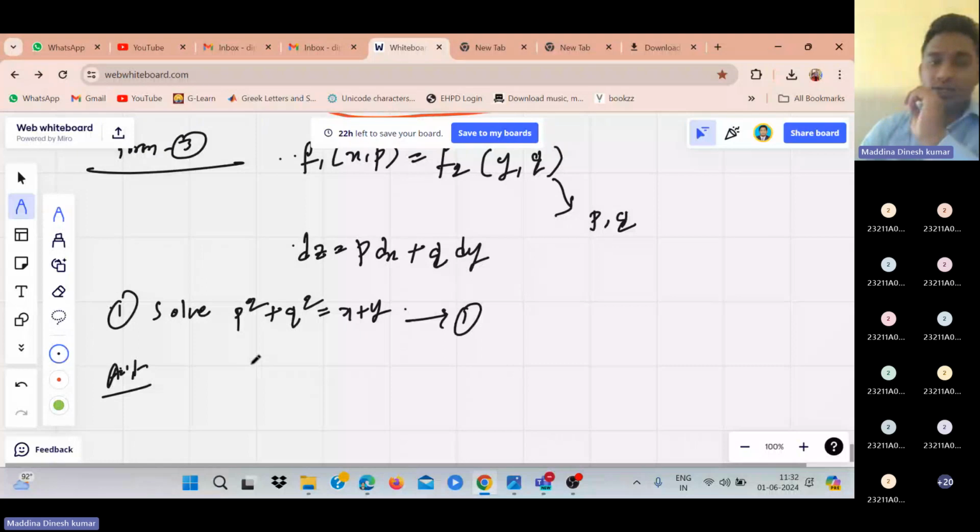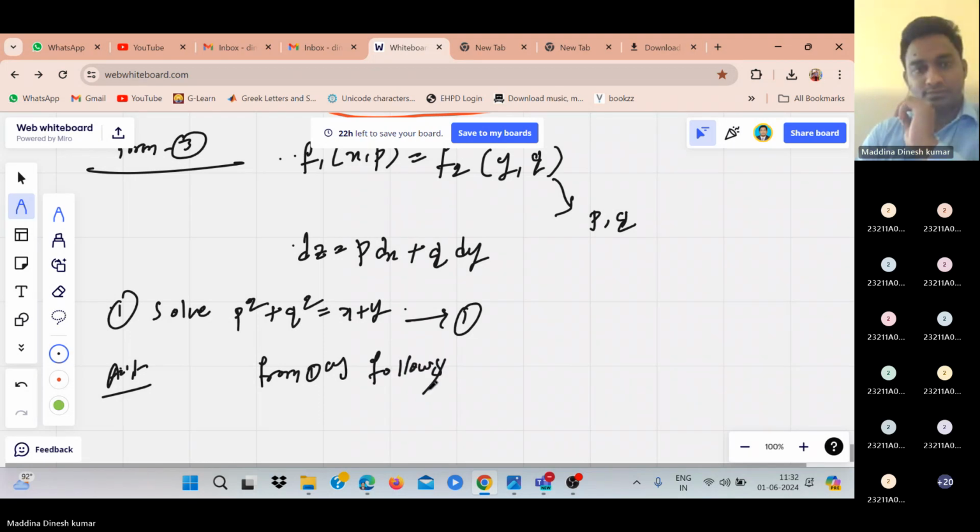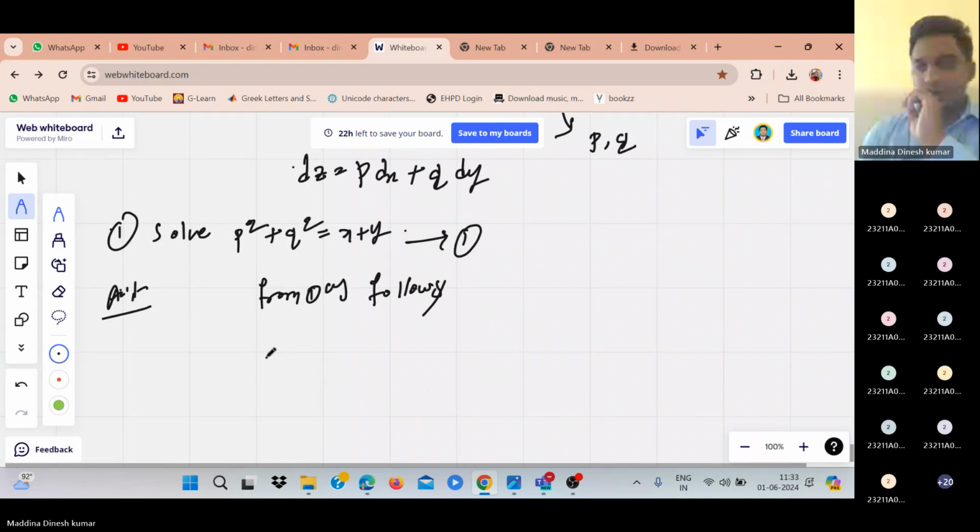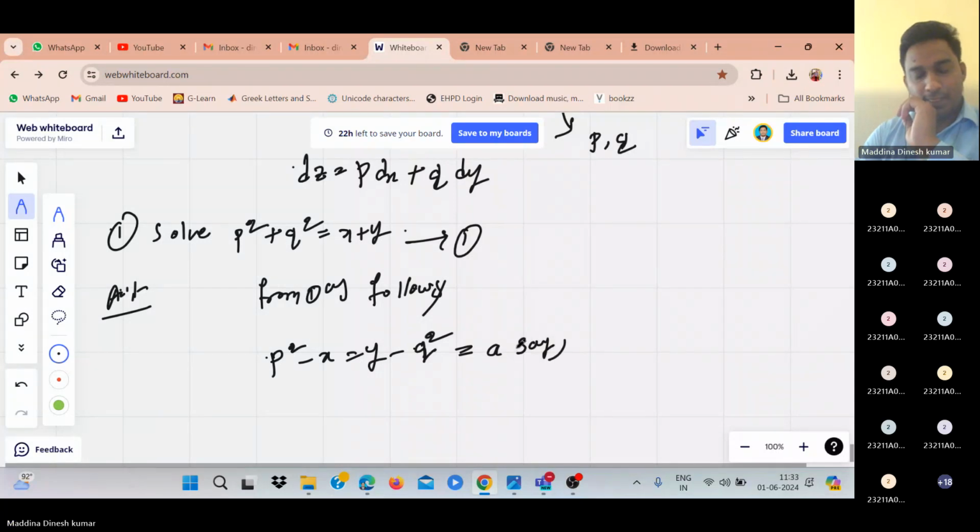Then we will get from 1 as follows: p square minus x equal to y minus q square. So I'm going to assume that it will be equal to some a. Not only a, we can assume some other parameter also. It doesn't matter.